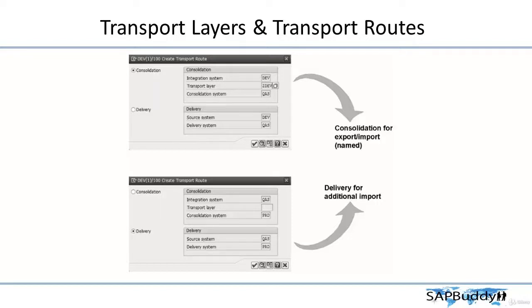So after establishing the domains, if you remember the pyramid we have seen before, the next step is to define the transport route. So after establishing the transport domain, we should create a transport route from the domain controller. For this we have two methods.